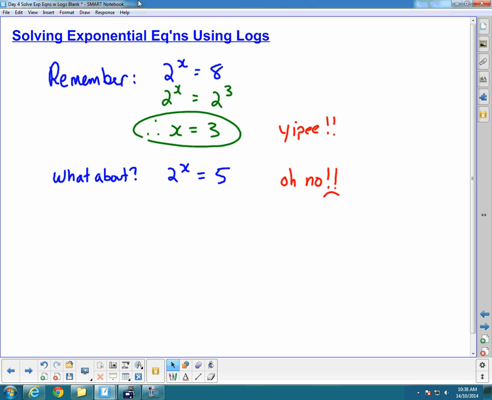Well, this is where logarithms come in, and hence the title, Solving Exponential Equations Using Logarithms. So how do we do this? It turns out the first step is we're going to take the common log of both sides.